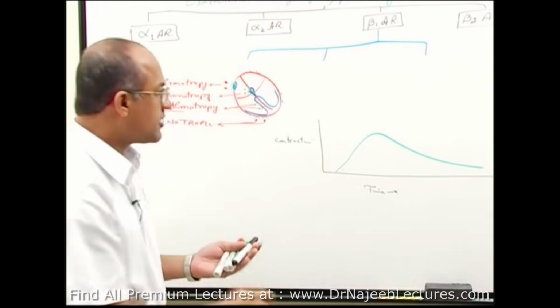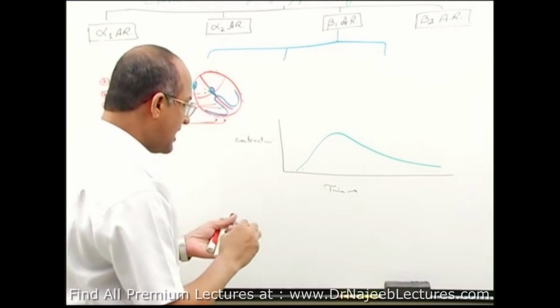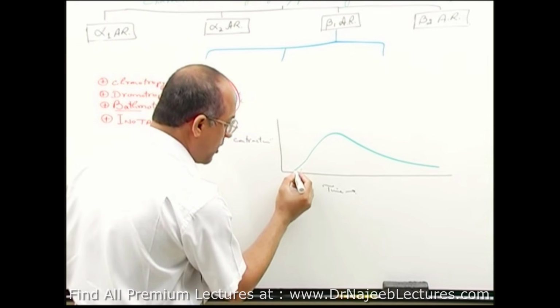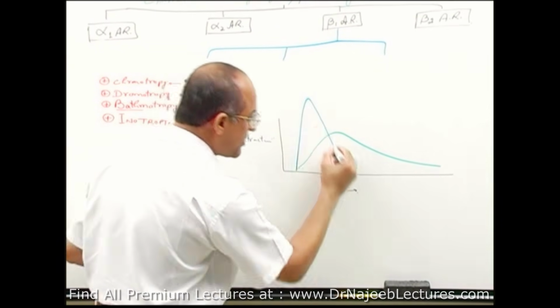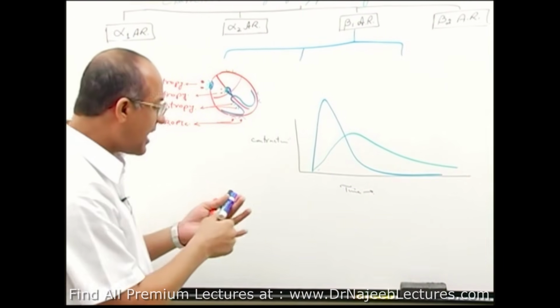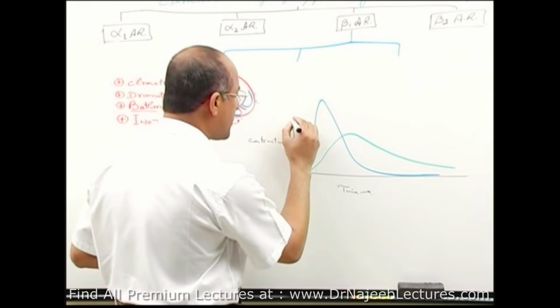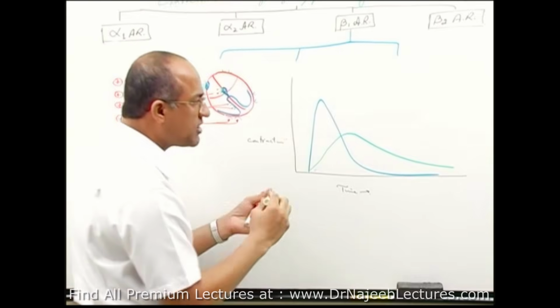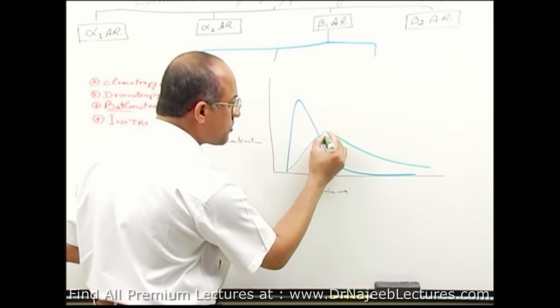Now let's suppose you give an injection of a drug which is a beta-1 stimulant. After the injection, this profile will change. Contraction will go like this. Now what are the real alterations? Number one, the total degree of contraction has increased, because before the beta-1 stimulation, contraction was up to this.